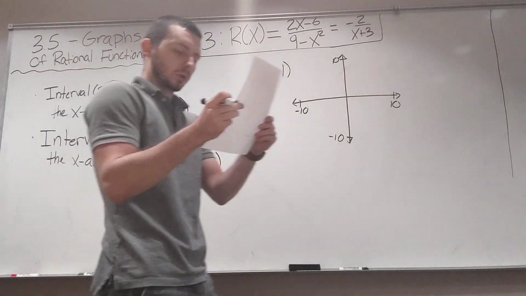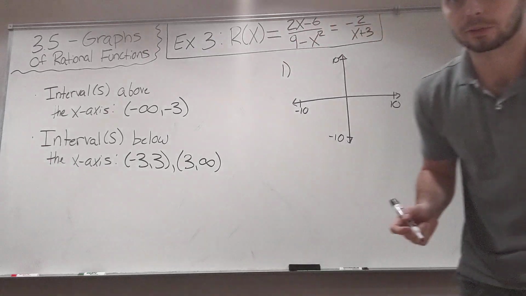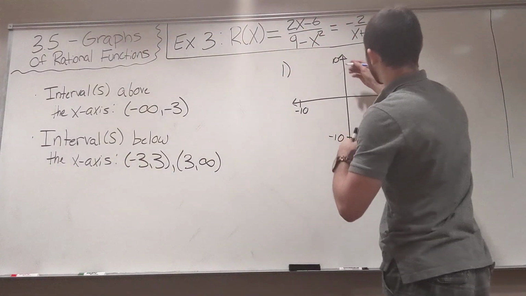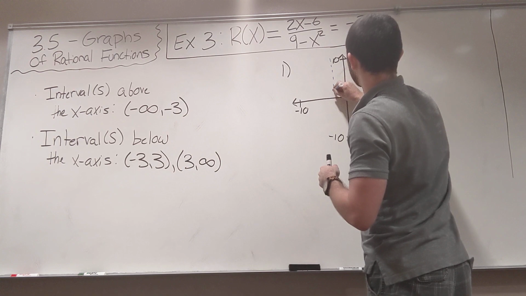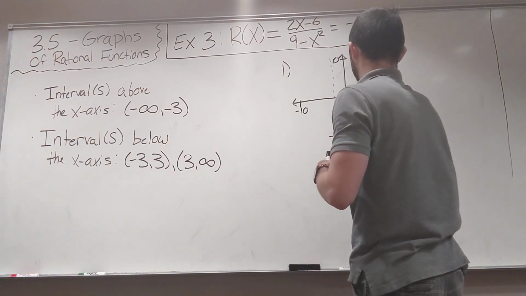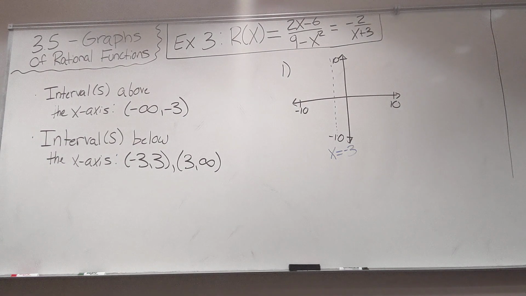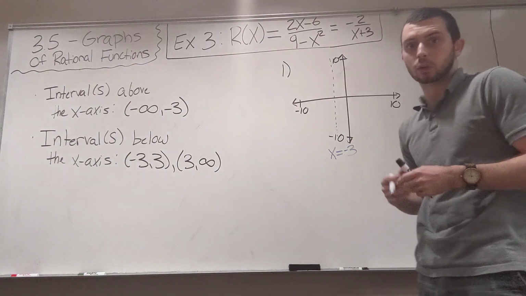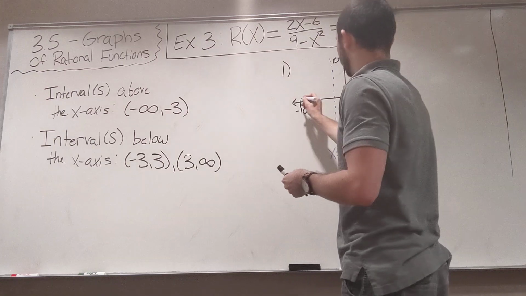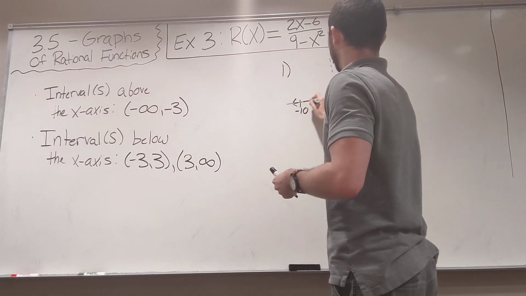So we got one vertical asymptote of x is equal to -3. So call that right about here. So x is equal to -3. That was the only one. We found a horizontal asymptote of 0. So that would be right on the x-axis.